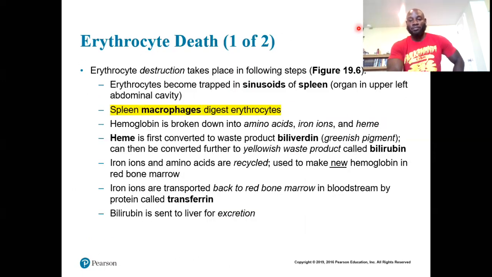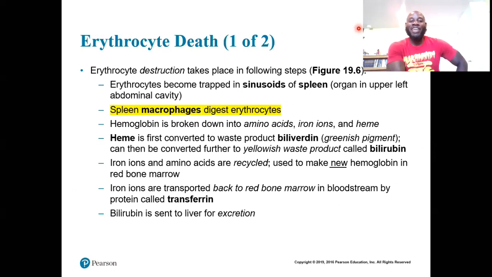Erythrocyte death. All right, so erythrocytes can become trapped in your spleen, and we'll talk about the role that the spleen plays in this whole process. But in general, erythrocytes can become trapped in the sinusoids of the spleen. The spleen is an important organ because of this.